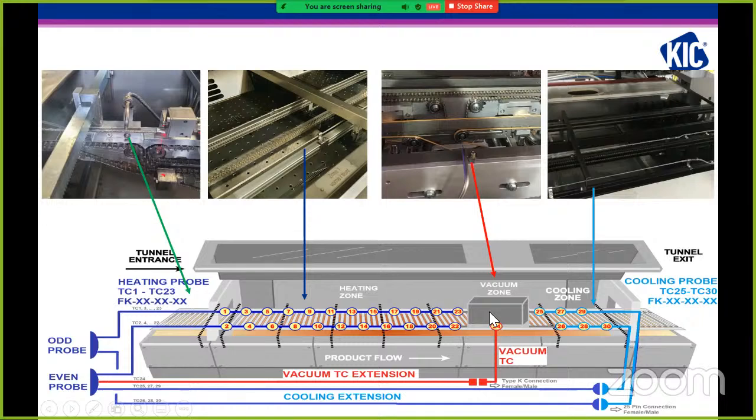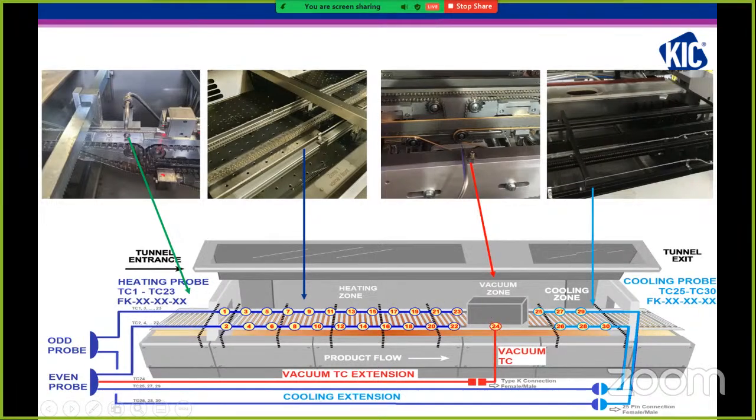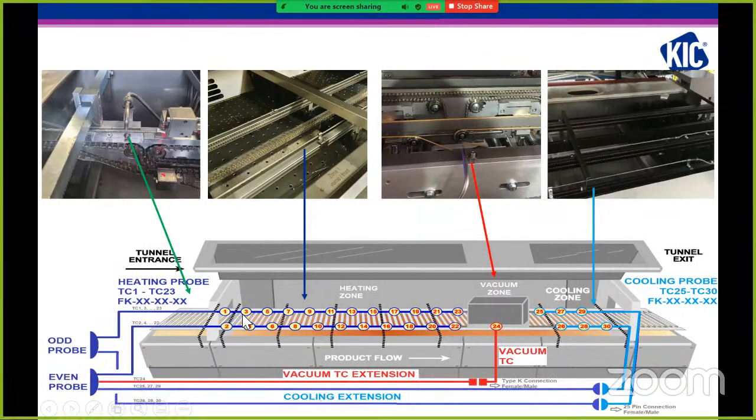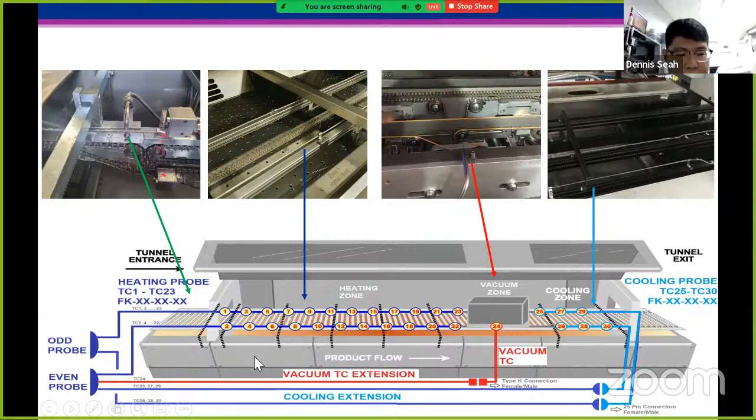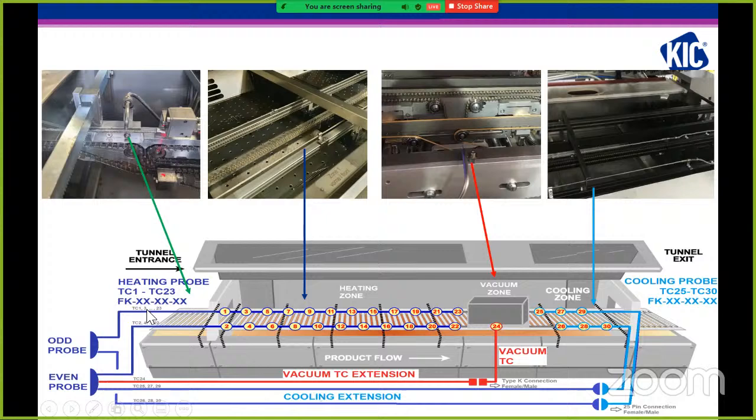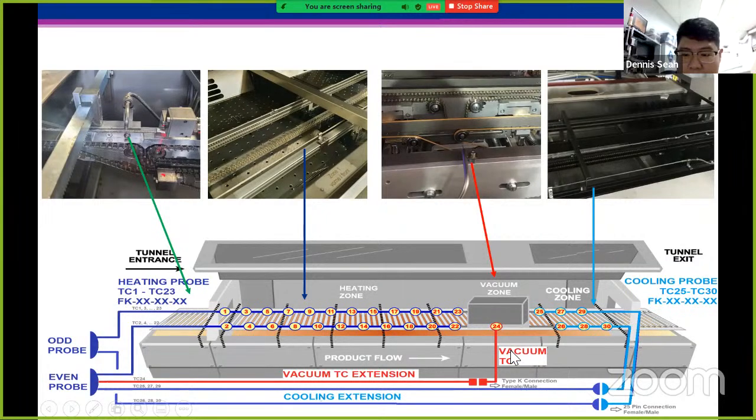So you mean to say the TC until 23rd and until 22nd is one probe, and then a new probe starts from 25th and 26th. Right. The odd probes have two sections, one for heating and one for cooling.